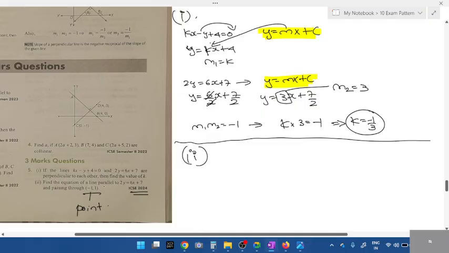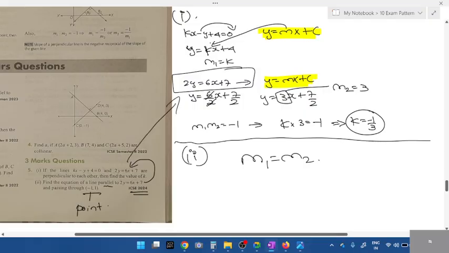Respond. Parallel or perpendicular? This equation is already given here. This equation. What is the m value? Whenever parallel is given, what is your m1 equal to? This m1, from where you have to check? From which equation? Can you see this equation is given?